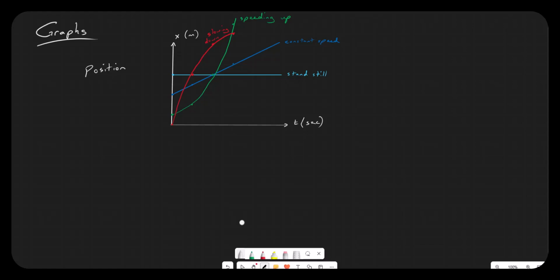A velocity graph looks like this. I'm going to draw it directly underneath. I've still got time on my horizontal axis, but now my vertical axis becomes velocity.